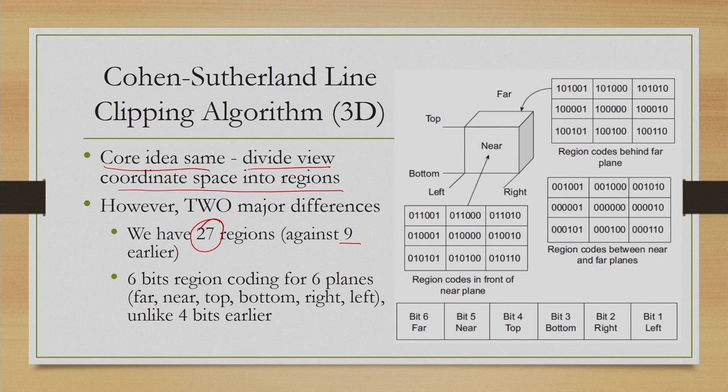Since we have 27 regions, each region needs to be represented with 6 bits, each bit for the 6 planes that define the canonical view volume: far, near, top, bottom, right, left. This is in contrast with the 4 bits earlier used to denote the 4 sides of the window.